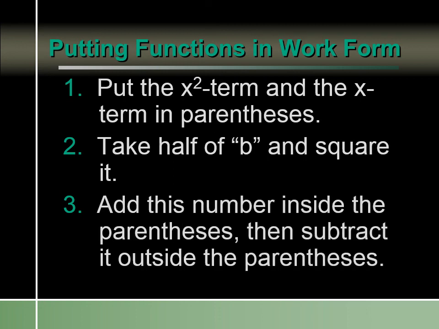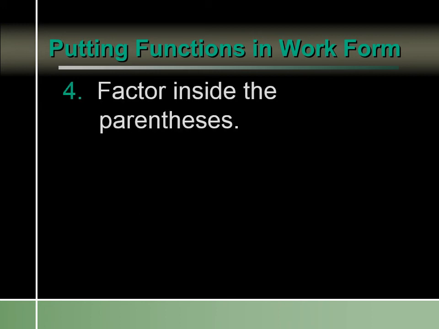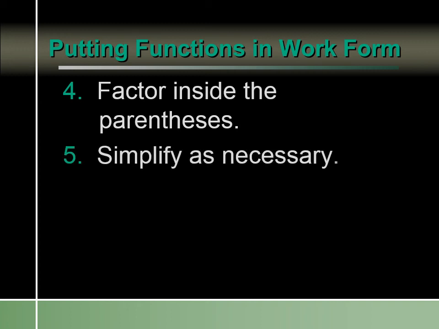And then we're going to add this number, half of b squared, inside the parentheses. Then we're going to subtract it outside the parentheses. Step 4, we are going to factor inside the parentheses. It is going to form a perfect square for us. And step 5, we're going to simplify as necessary.